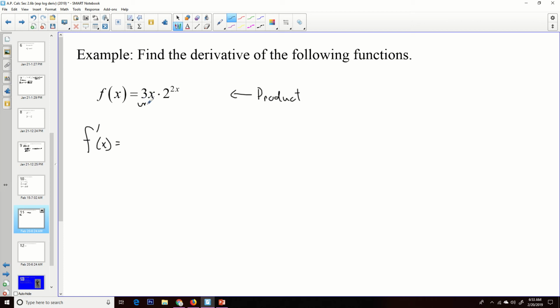This is my first expression, 3x, and my second expression here will be 2 to the 2x. And so I take the derivative of the first, which would be just 3, times, I leave the second function alone, so 2 to the 2x, plus I leave the first function alone, so 3x, times the derivative of 2 to the 2x.